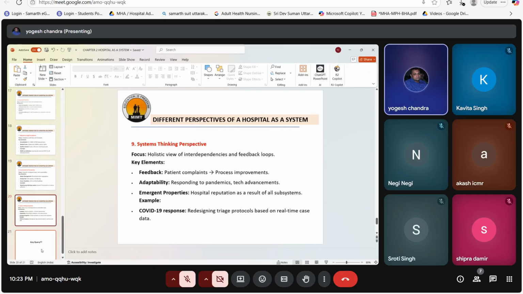Okay. And as one example of the systems thinking perspective, the triage protocol is there, but in COVID time, sometimes you have to redesign or modify these triage protocols also. Triaging is there, and there is one more term known as reverse triaging.